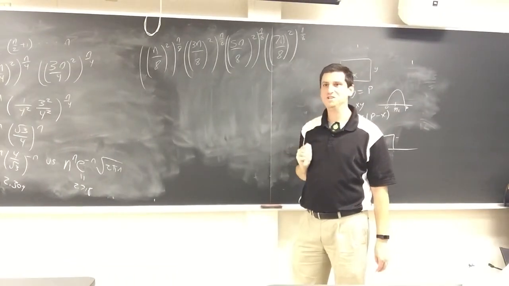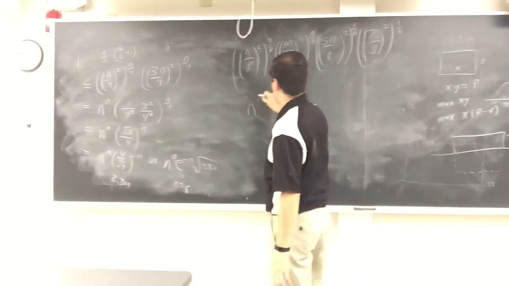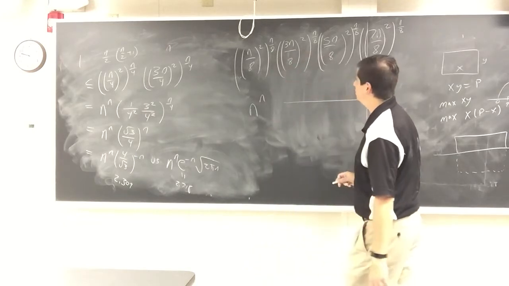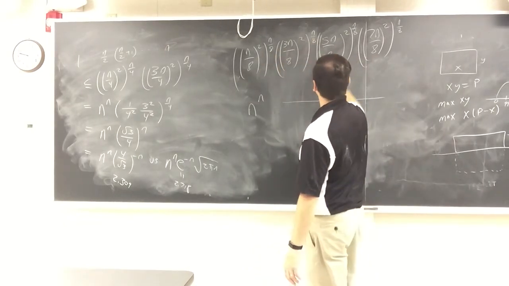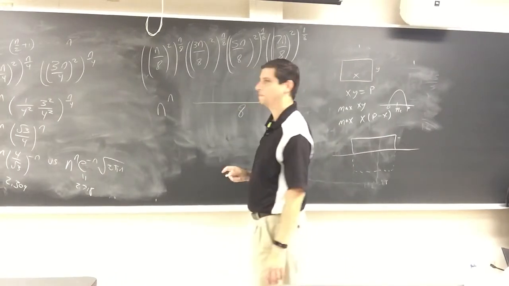And then there's going to be a really nice thing that's going to emerge from this. Notice we're going to still have an n to the n. Down below, 8 squared, 8 squared, 8 squared, 8 squared to the 8th root, that's going to just be 8.